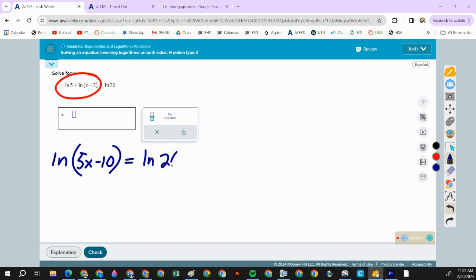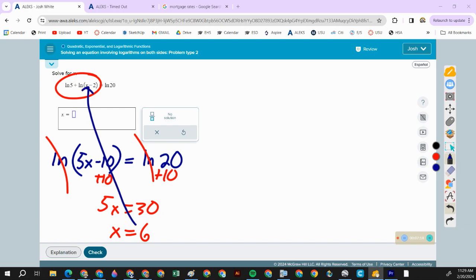And that is equal to the ln of 20. And if the ln of 5x minus 10 is equal to the ln of 20, then I can just get rid of the ln's and solve using algebra. 5x equals 30, x equals 6. Now I need to plug that back in to see if I create any problems. Does 6 cause any problems? No. If it does, we throw it out, and there's no answer.